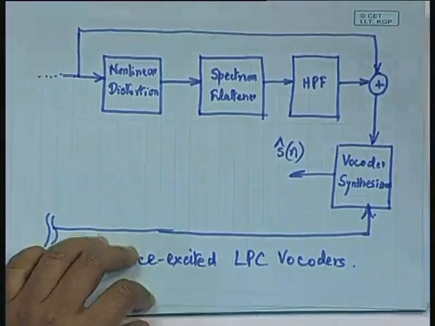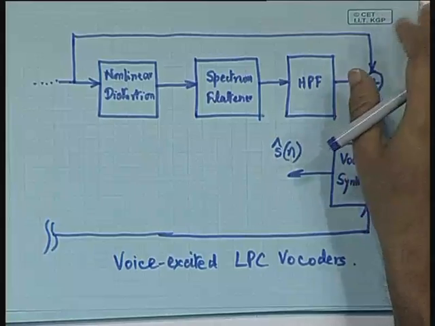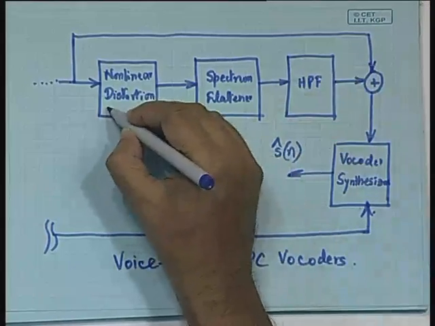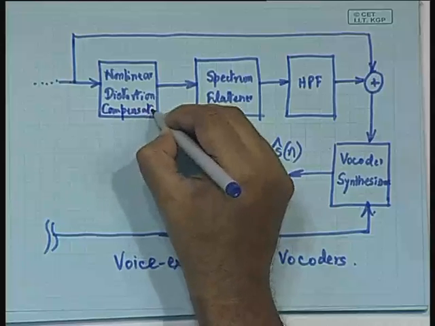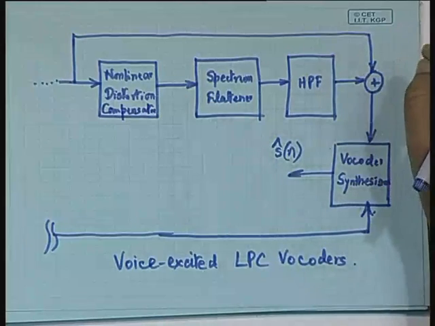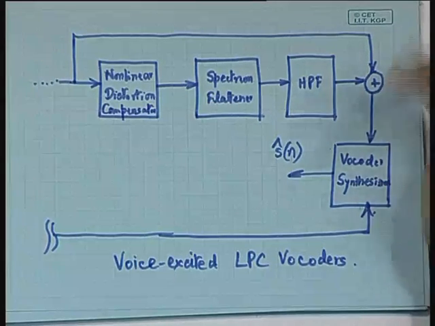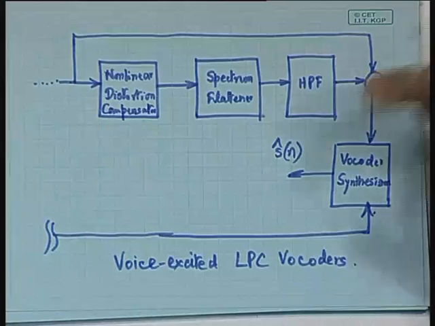And what we are doing at the decoder end is that first of all the nonlinear distortion compensator is used, just to take care of whatever nonlinear distortions are introduced in the speech generation process, because that model we did not really discuss.